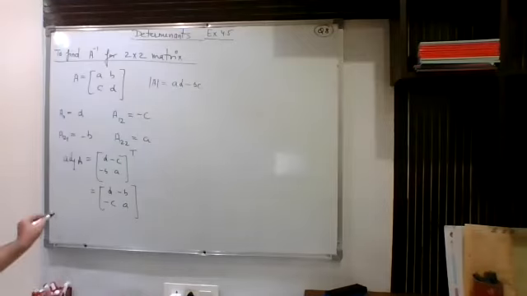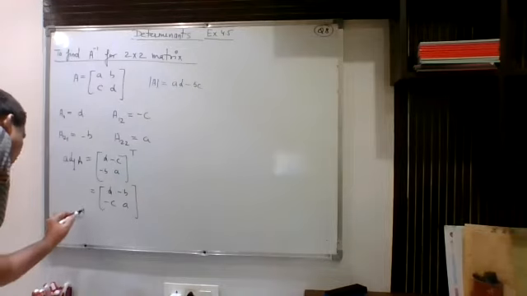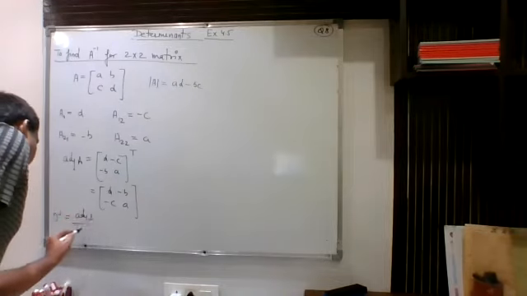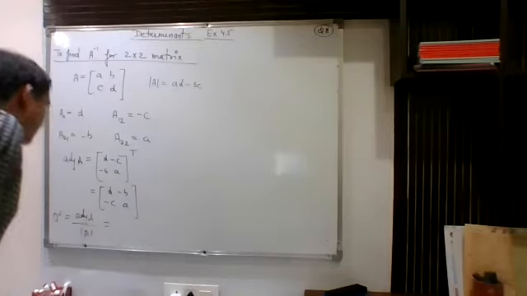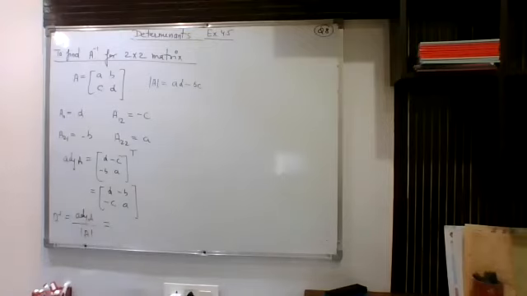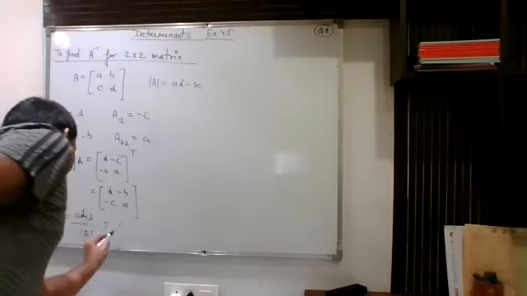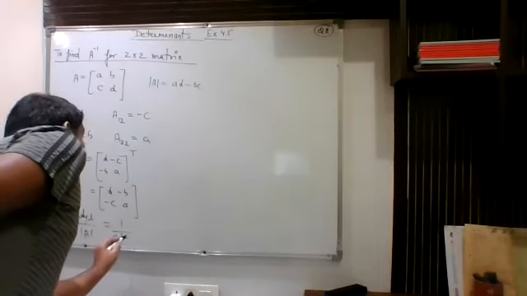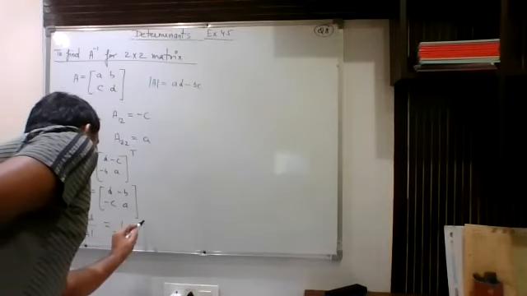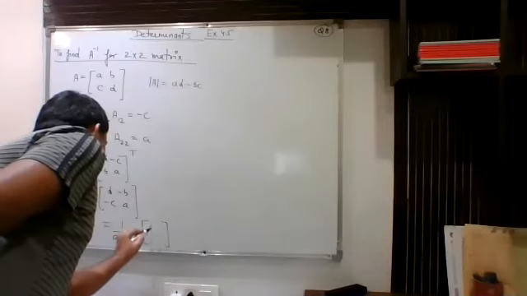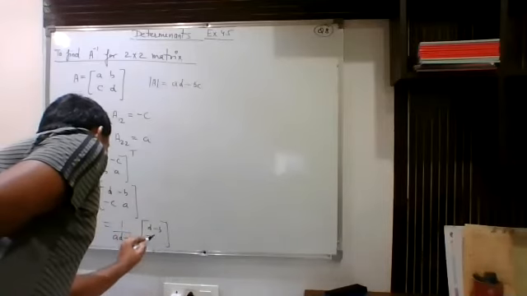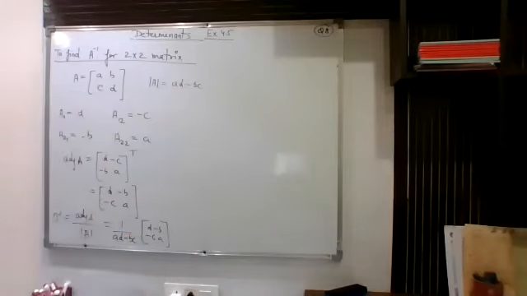We will say A inverse will be written as adjoint of A divided by det of A. So your final answer will be 1 upon AD minus BC into D minus B minus C A. So this is how we can find inverse for 2 cross 2 matrix.